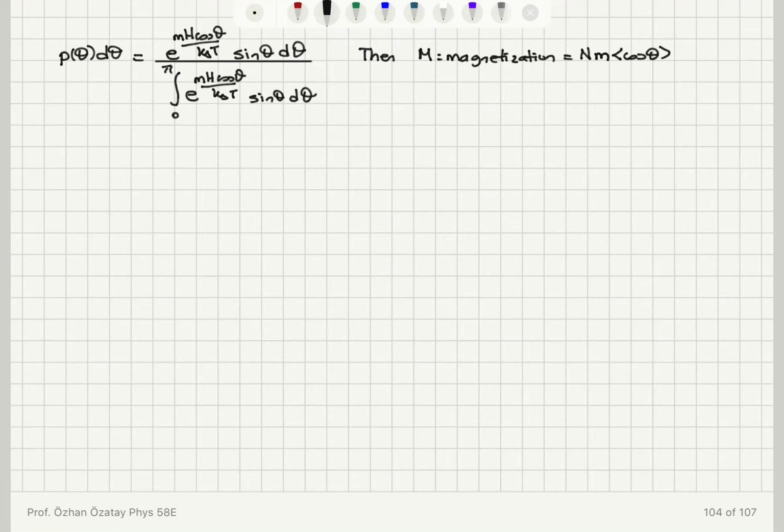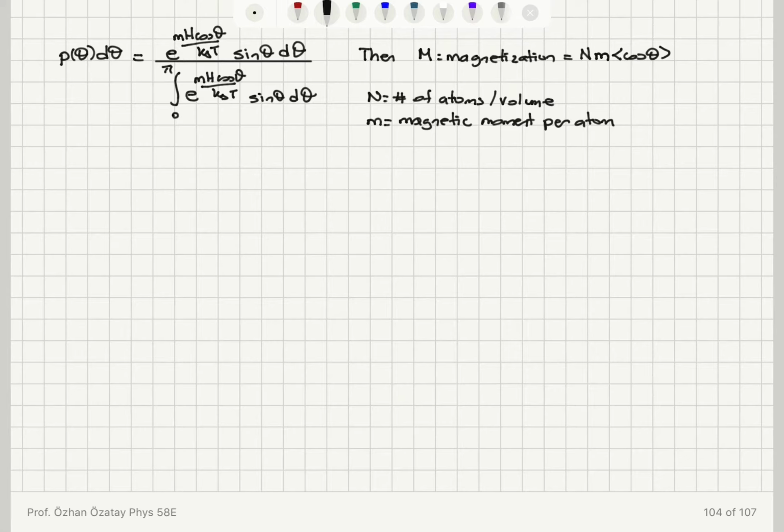So this N is number of atoms per volume, m is magnetic moment per atom, and theta is the angle between m and H. So we're taking the projection of m onto the field axis.